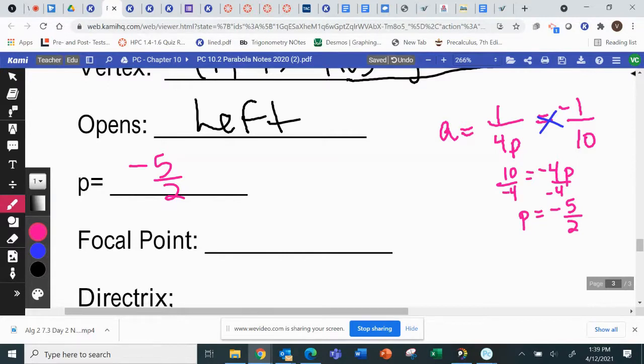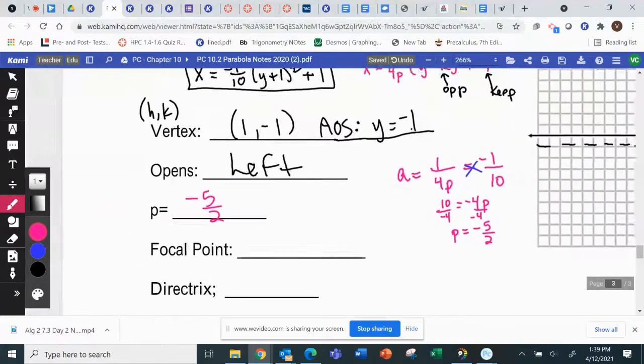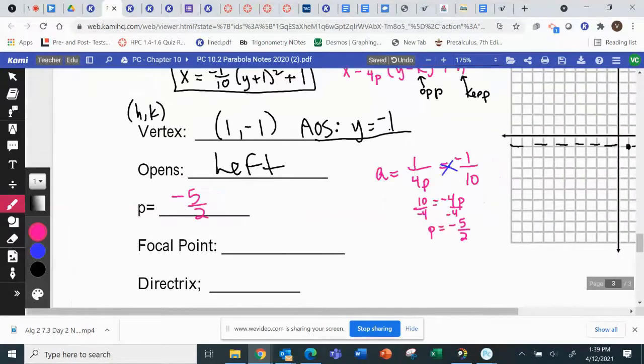So when I go plot it, it's going to be 2.5. If we're using our information to find the focal point, then I'm just going to use what I've already written down. The p-value is going to go in the direction of the opening, so it's going to go to the left, off of the vertex. Because it's going to the left, am I going to put it on the x or the y part of the vertex?